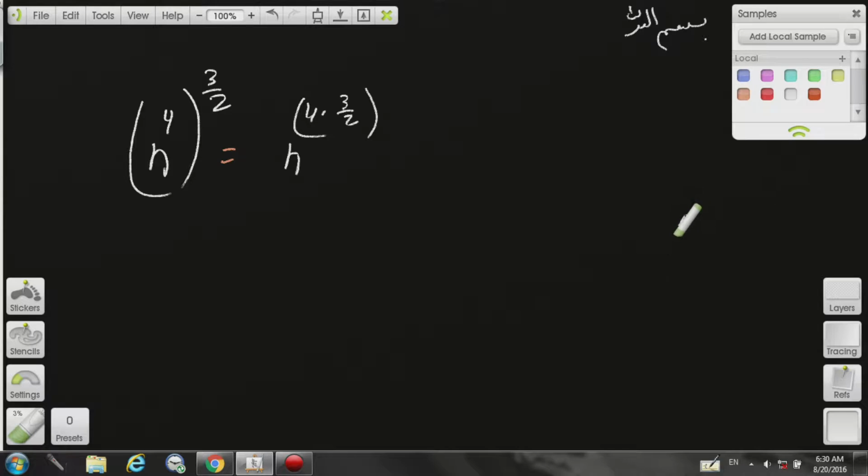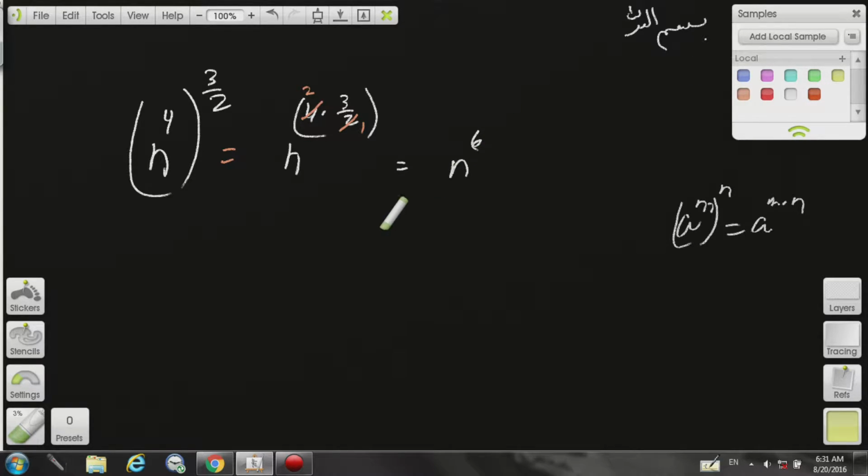Multiply these together, because a to the m to the n equals a to the m times n. And then you can simplify. 2 goes in there 1 time, 2 goes in there 2 times. That's simply n to the 6th. There is no radical form necessary because it's not a fraction exponent. That's it.